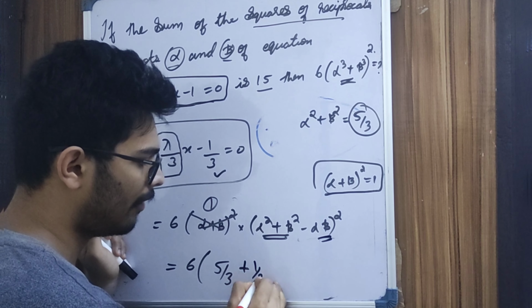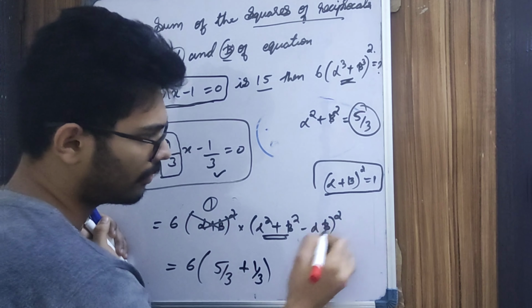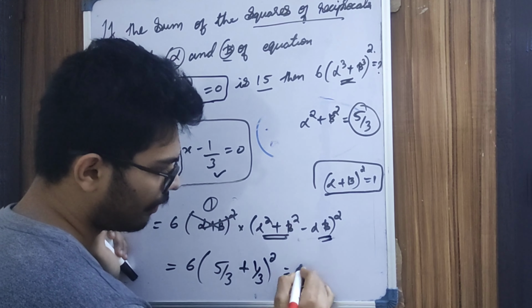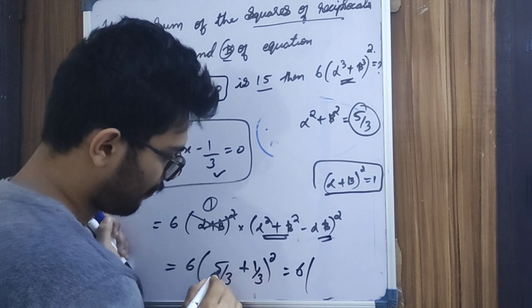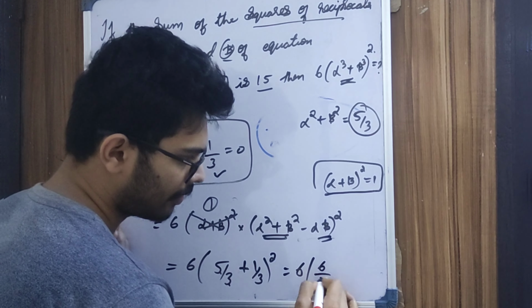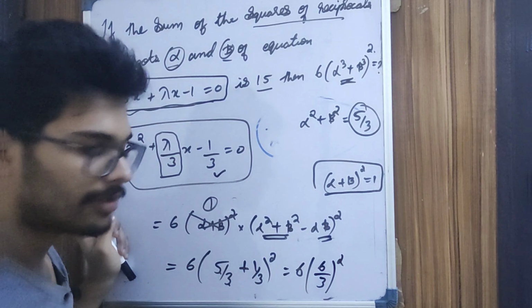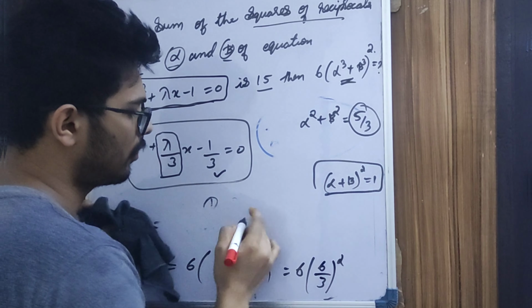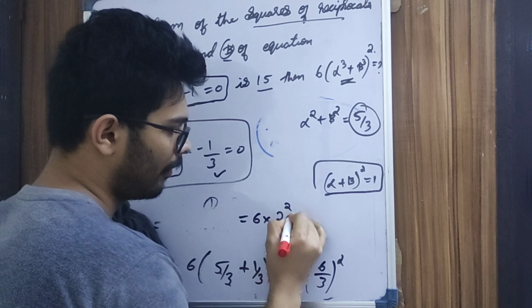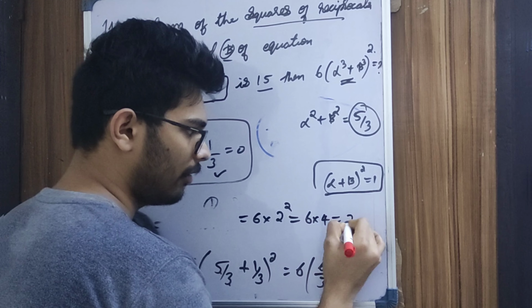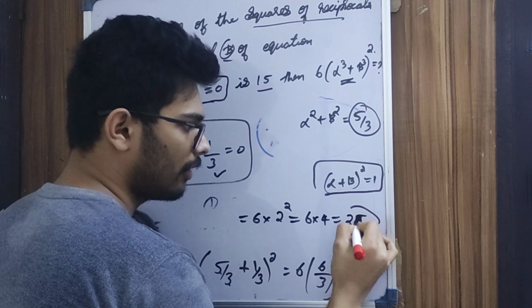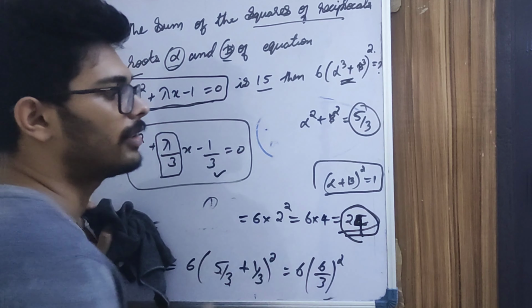Minus of minus 1 by 3 will be plus 1 by 3. The whole square is there. Now we can simplify. 6 into 5 by 3 plus 1 by 3 will be equal to 6 by 3 the whole square. What is the value of 6 by 3? It's just 2. So it will be equal to 6 into 2 square, which is equal to 6 into 4. So the final answer is 6 into 4, which is 24.